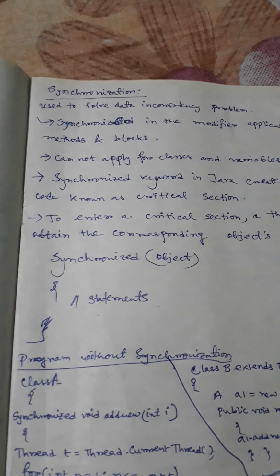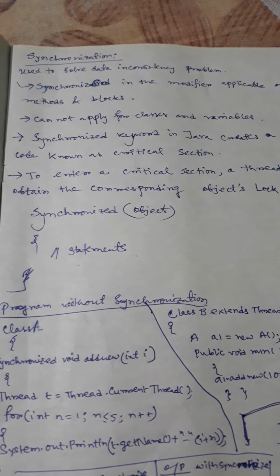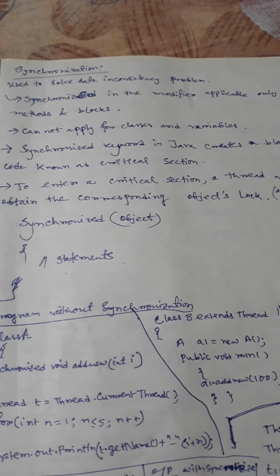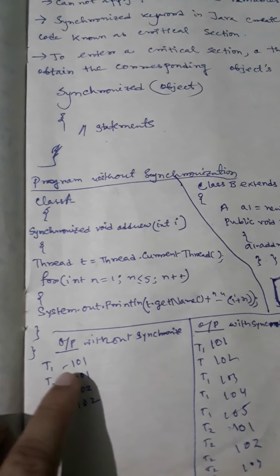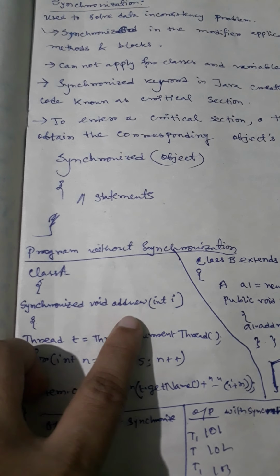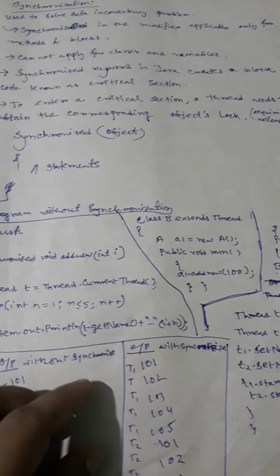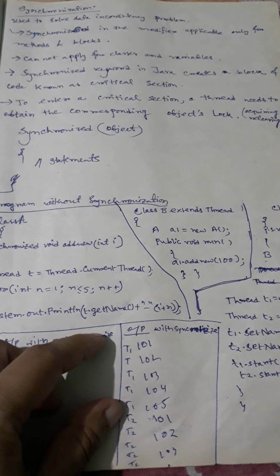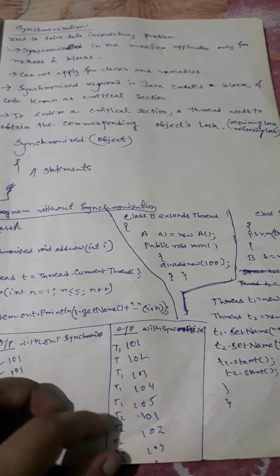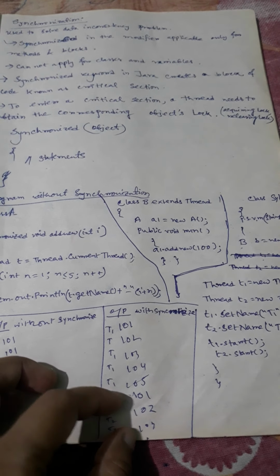If you do not write the synchronized keyword before a method, it will give random output. If you write the synchronized keyword before the method, it will give proper output. Here T1 executes first, after T1, T2 will be executed.